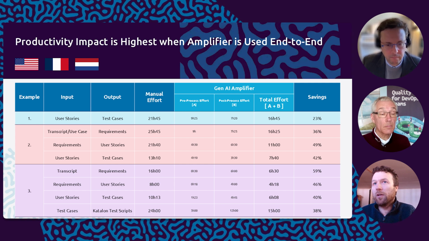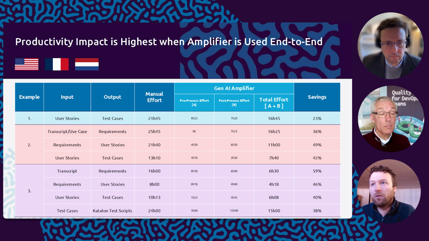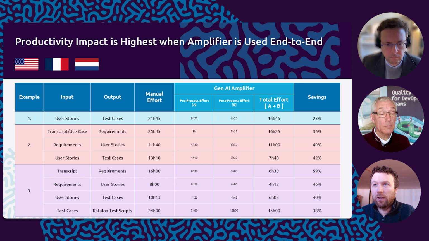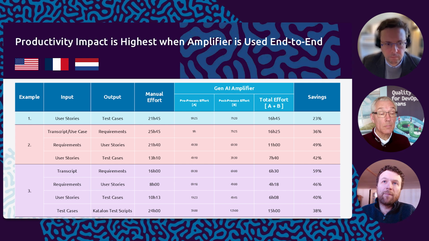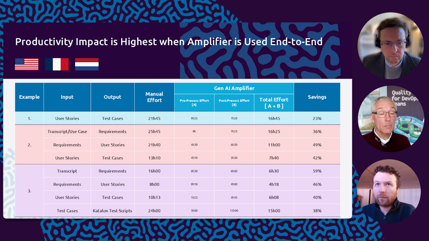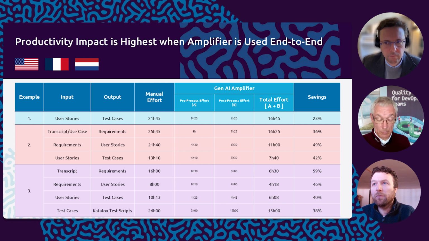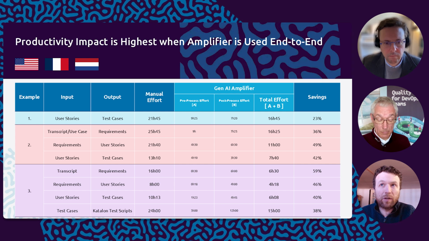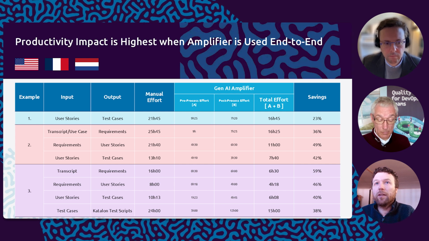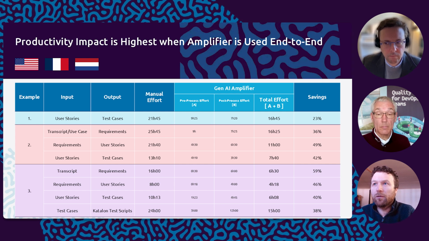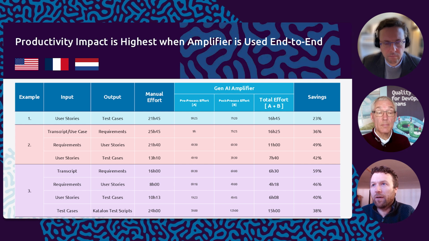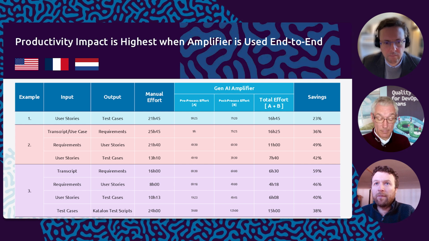But if we just purely look at how much time we are saving, then you already see some really good results there. So what you see here are real numbers from different types of companies, also around the globe. You see the flags in the top, so they're from different countries. The results of using the amplifier in real life.